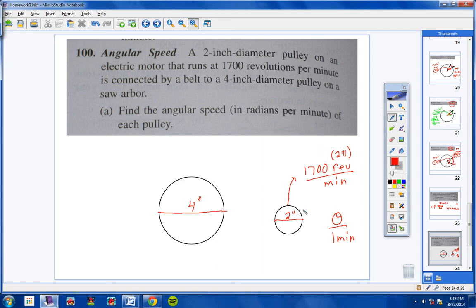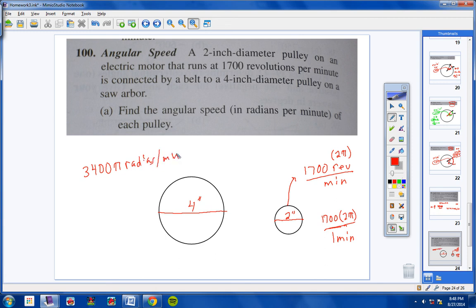So my theta is going to be 1,700 times 2 pi, because one revolution is 2 pi and I have 1,700 revolutions. So if I take my calculator and multiply these together, I get 3,400 pi radians per minute.